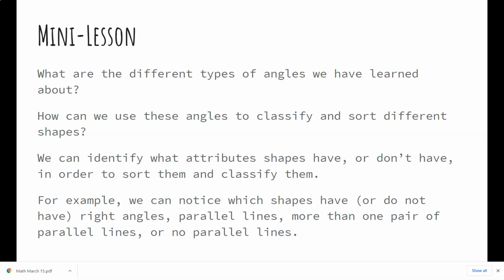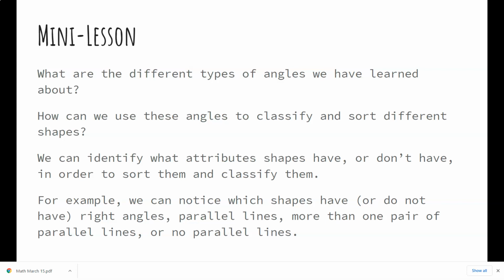We're going to identify what attributes shapes have, or if they are present, or attributes that they don't have, meaning those attributes are absent. And then we can sort and classify shapes. So we can put them in groups that are similar and classify them, which means we give them a title or a name.